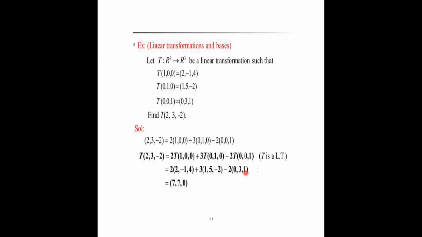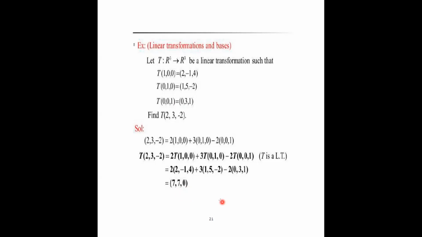Now at these three points, the value of the linear transformation is given to us. So in the next line, I have put in all the given values. Then a simple calculation provides the final answer, which is (7, 7, 0).